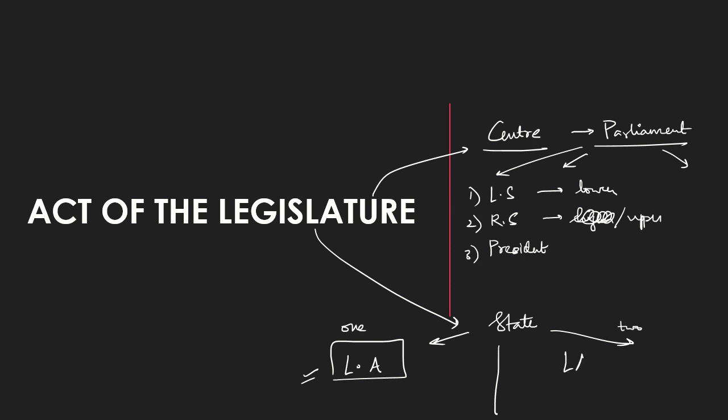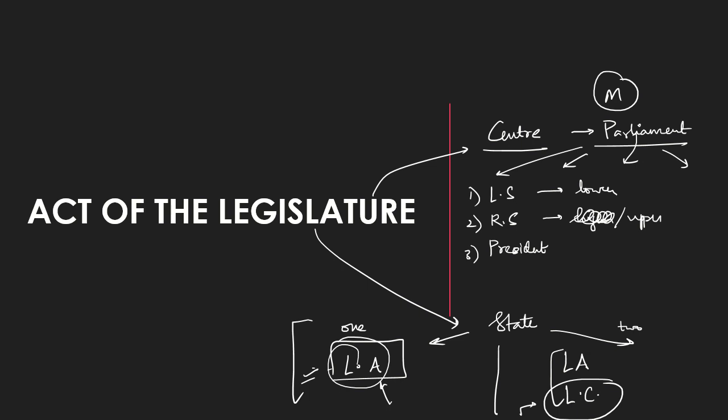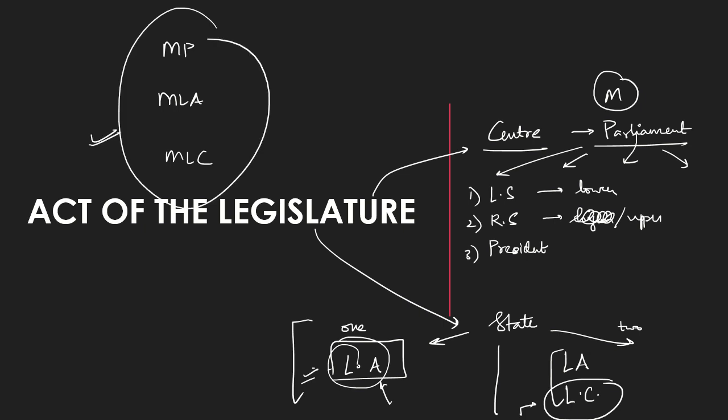So, the lower one is called the Legislative Assembly, the upper one is called the Legislative Council. Very simple. So MLA means member of Legislative Assembly, MLC means member of Legislative Council, MP means member of Parliament. So I hope with this you've also understood what an MP is, what an MLA is, and what an MLC is. Very simple. All right, let's go ahead.